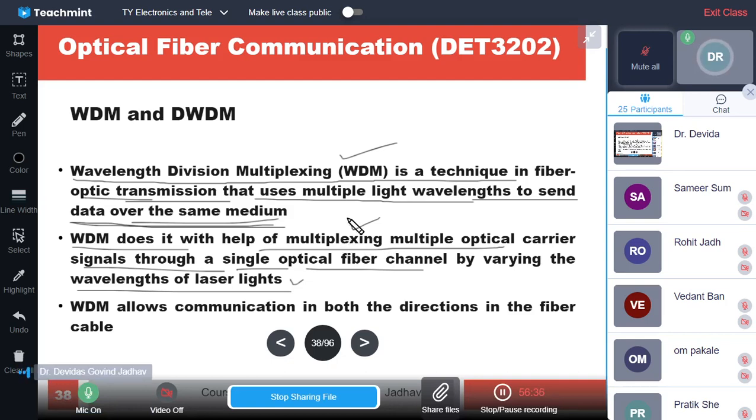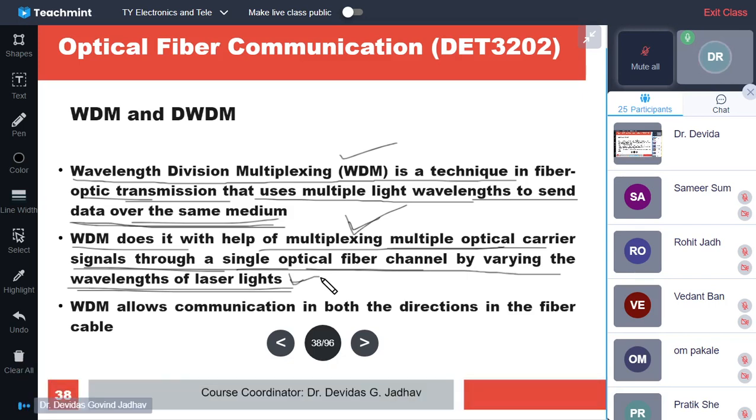So multiplexing is there in which multiple optical carrier signals can be passed through a single optical fiber channel by varying the wavelength of the laser lights. For one channel one wavelength is used, for another channel another wavelength is used, and all the channels are simultaneously transmitted over the fiber, and each channel is having a different wavelength, so they will not mix together.